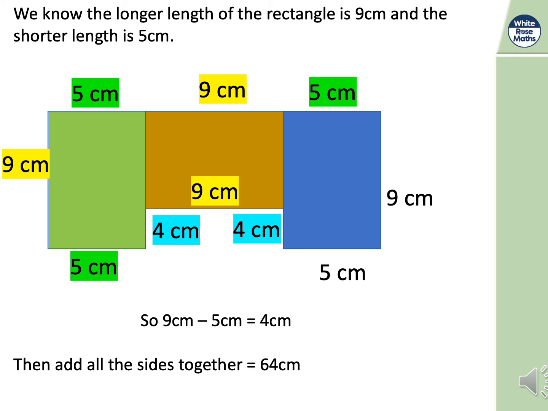So we know that the longer length of the rectangle is 9 centimeters and the width from the shorter side is 5 centimeters. So the yellow rectangle in the middle is turned on its side, so they're 5 centimeters. And we know the longer lengths on the green and the blue rectangle are 9 centimeters. So we simply have to do 9 centimeters take away 5 centimeters, which equals 4 centimeters. Add all the sides together and you get 64 centimeters.